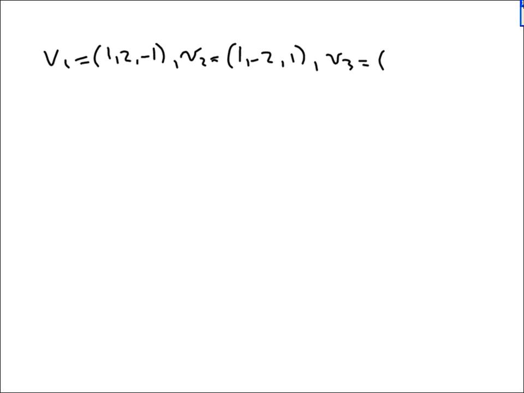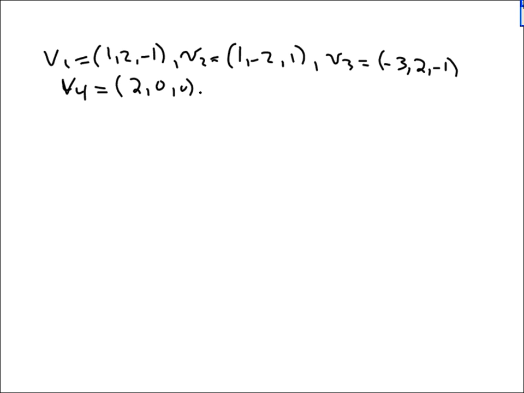Let's look at this one. Suppose V1 is 1, 2, negative 1. V sub 2 is 1, negative 2, 1. V sub 3 is negative 3, 2, negative 1. And V sub 4 is 2, 0, 0.